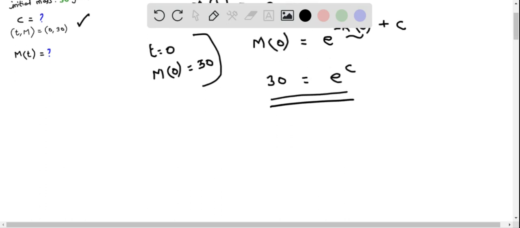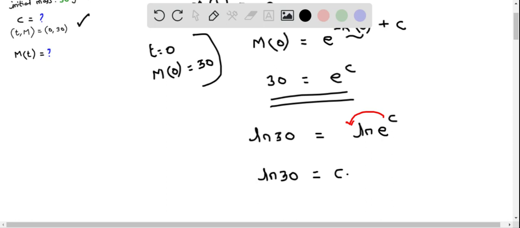And we can determine the value of c by taking the natural logarithm on both sides. When we do that, we get natural logarithm of 30 equals natural logarithm of e raised to the power of c. Using the power rule of natural logarithm, we can put this c in front. So natural logarithm of 30 equals c times natural logarithm of e.